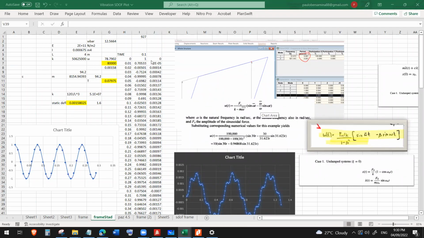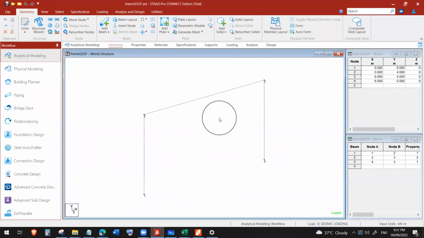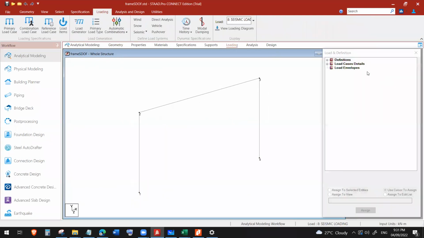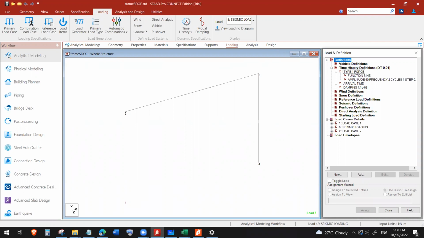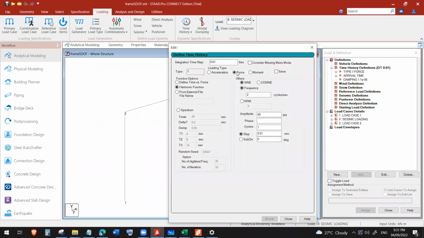Okay, so continuing our discussion earlier, remember we have this portal frame in Staad that we loaded with a harmonic load by defining a time history as harmonic load, harmonic force.